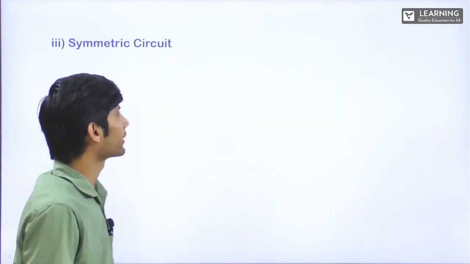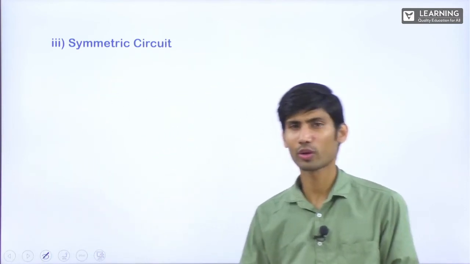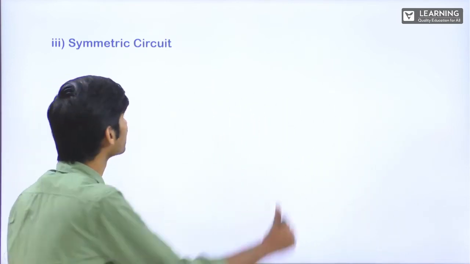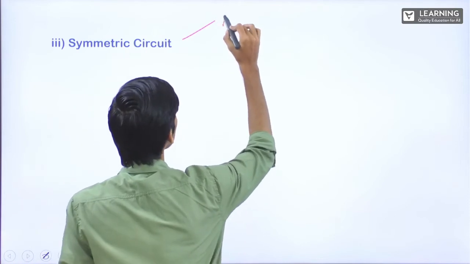Okay, symmetric circuit. Now, again, very important. A lot of questions come on symmetric circuits also. A lot of complex questions can come on symmetric circuits, but there are ways to do it. There are two ways to do symmetric circuit questions. One, mirror symmetry.